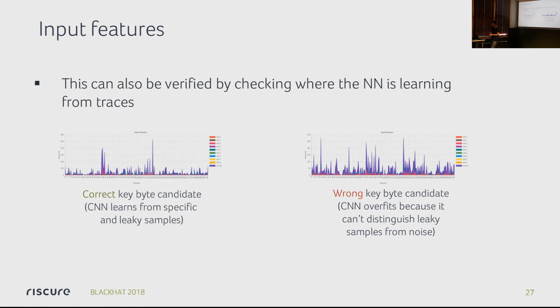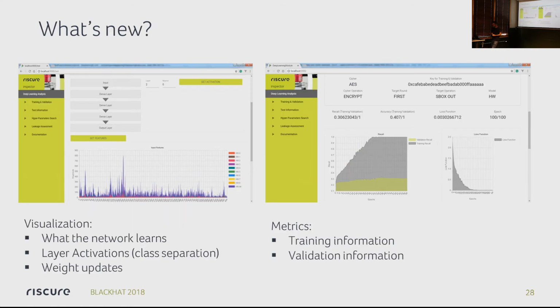Okay, so this closes this part, and if you use Inspector or if you are waiting for new features, I would just like to quickly emphasize what we are implementing. Together with the deep learning module, we are still in the test phase, but we are planning to combine a localhost application where you can observe everything that is going on during your training. This helps a lot to understand what's going on with your analysis.